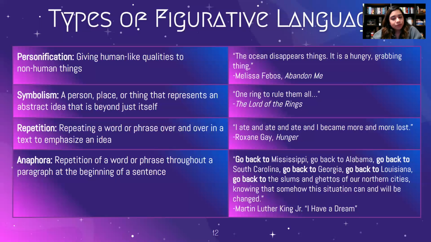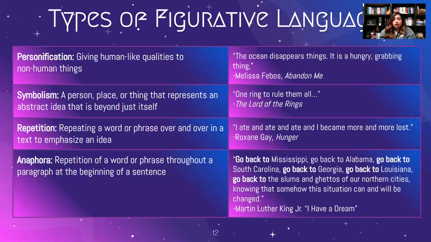And the book essentially is about gaining weight and obesity, but her saying "I ate and ate and ate" is emphasizing how much she was actually eating, how she was basically swallowing her feelings through her food.